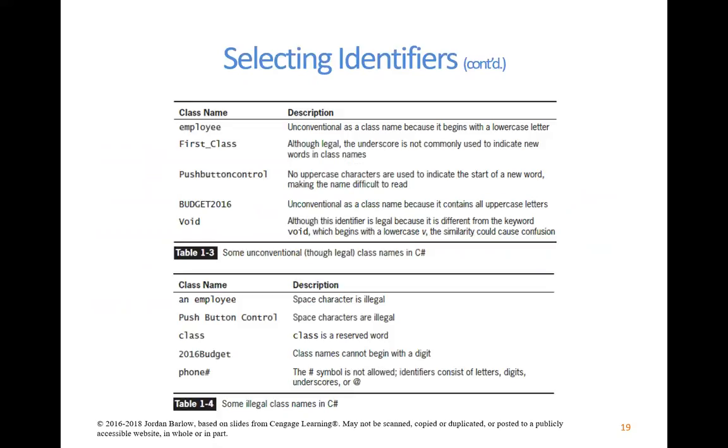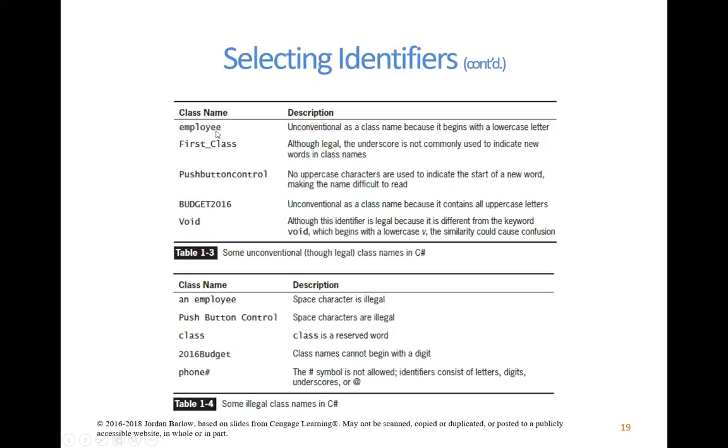This table 1.3 shows some examples of legal class names in C#. So you could choose to use these. These are all legal. They use underscores, letters, and numbers, but it's not really conventional because it's normal to use Pascal casing, as I mentioned, where you squish the words together without underscores and you capitalize the first letter of each word.